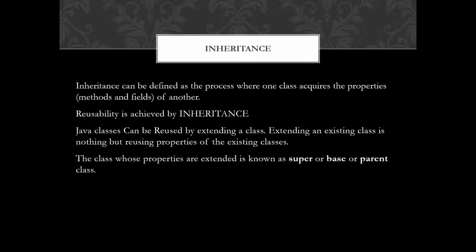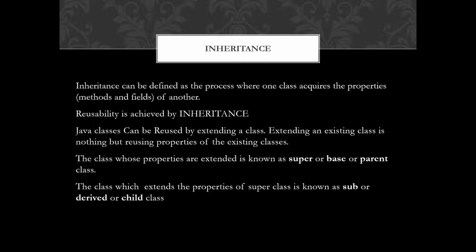The class whose properties are extended, that means the main class whose properties we want to extend, is referred to as the super class or base class or parent class, and the class which is extending those properties is referred to as the subclass or derived class or child class. So the subclass will be getting the properties from the super class.